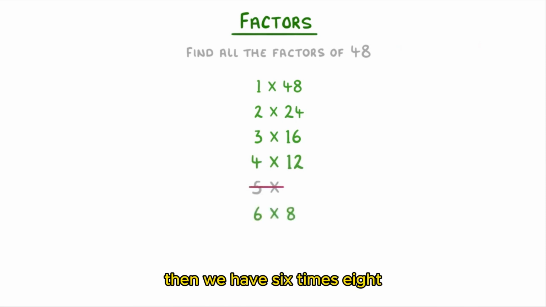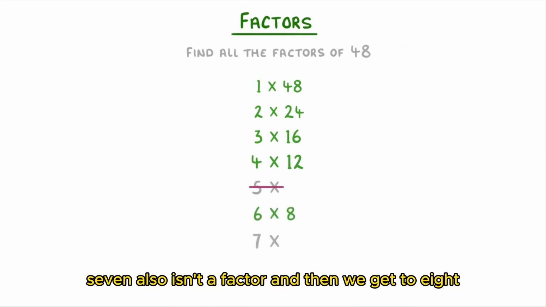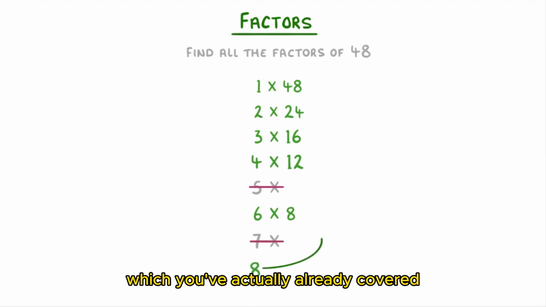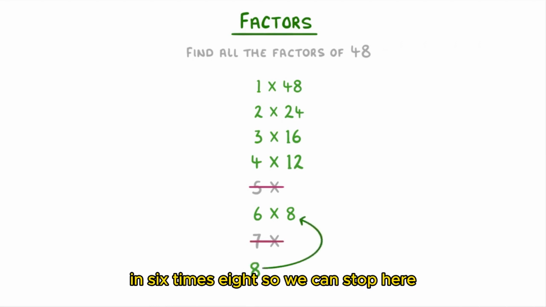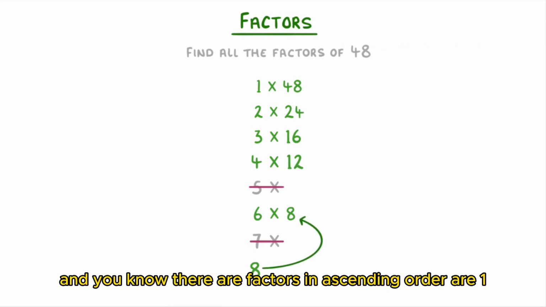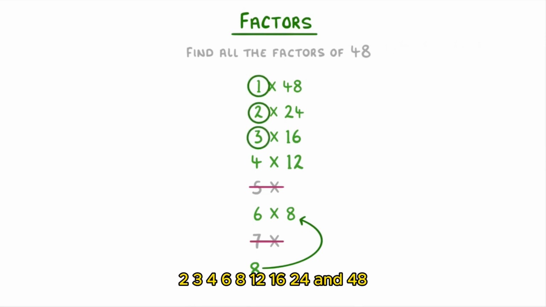Then we have 6 times 8. 7 also isn't a factor. And then we get to 8, which we've actually already covered in 6 times 8. So we can stop here. And know that our factors, in ascending order, are 1, 2, 3, 4, 6, 8, 12, 16, 24, and 48.